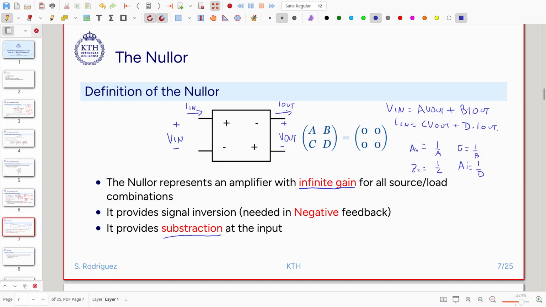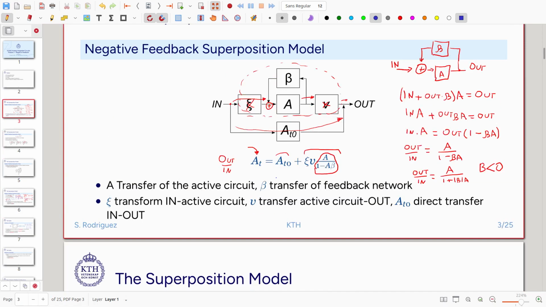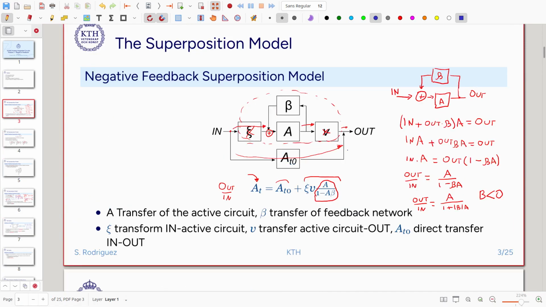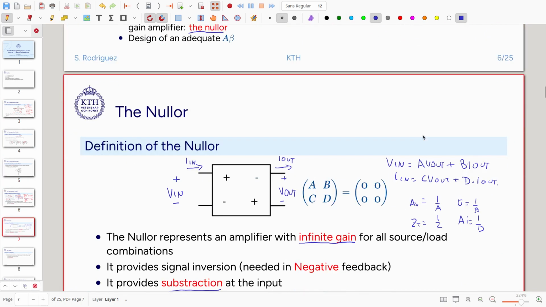So these are the kind of things that I need to be able to implement the following system. So we have a lot of gain, and I can take a negative quantity from the output and add it at the input. So with that, we can implement the negative feedback.